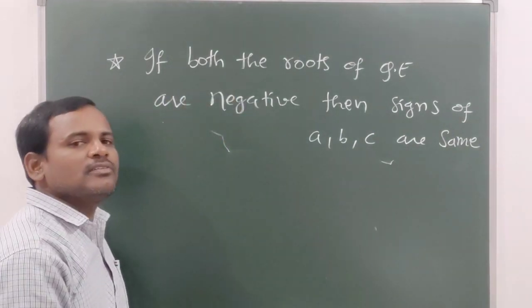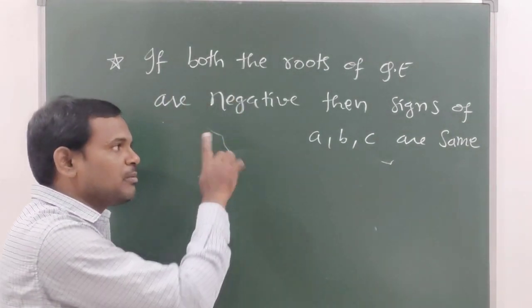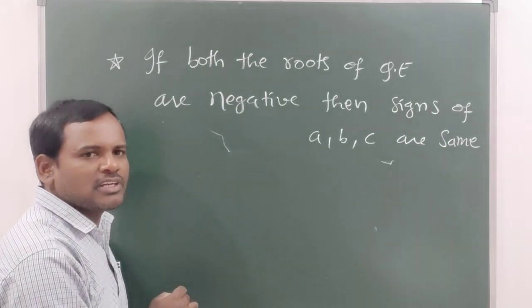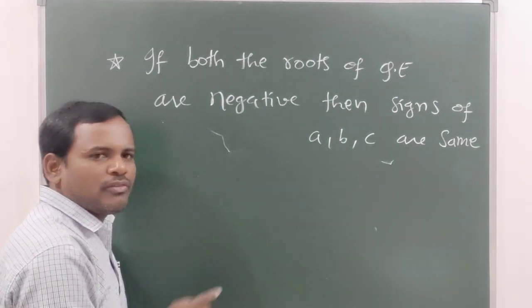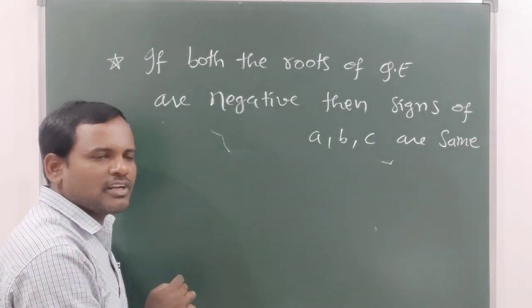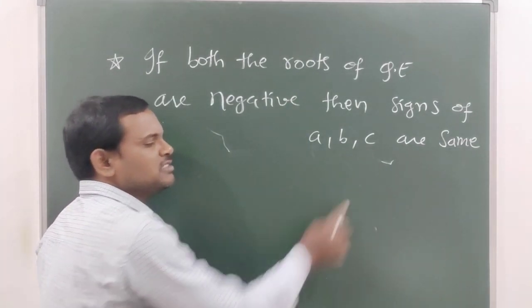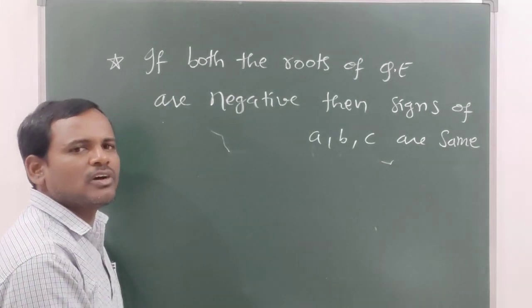See this property. When both the roots of the quadratic equation are negative, we get the signs of a, b, c the same.